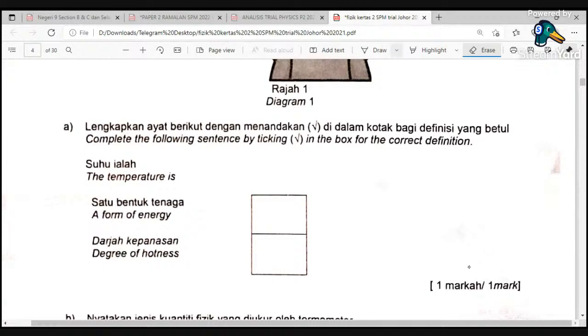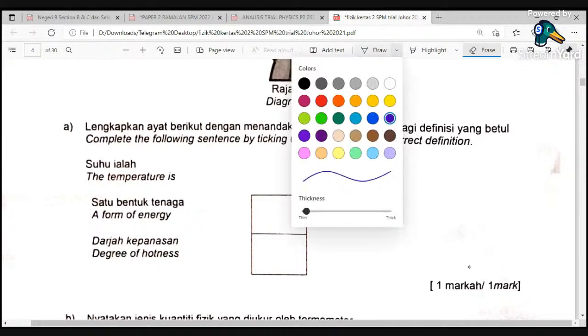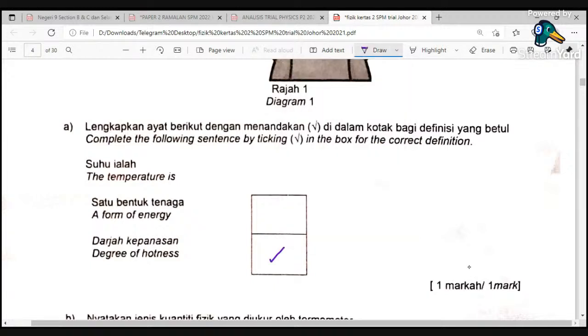Tick just one box, the correct answer. So it should be degree of hotness. A form of energy is the definition for heat. If they want you to define heat energy, it is a form of energy that can be transferred from one object to another.